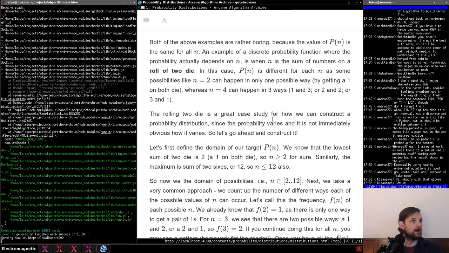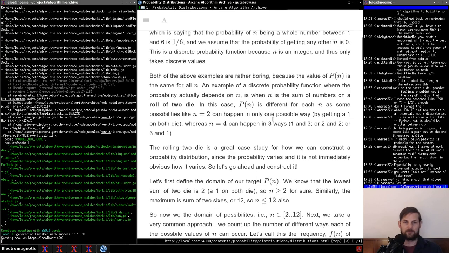Both of the above examples are rather boring because the value of p of n is the same for all n. An example of a discrete probability function where the probability actually depends on n is when n is the sum of numbers on a roll of 2 die.